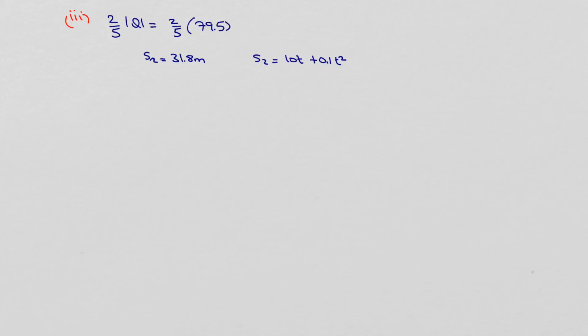So by letting 10t plus 0.1t squared equal 31.8, what we can do then is, again, rearrange that quadratic and divide across by 0.1. Again, we're going to end up with a quadratic to solve. This time, we're not going to get nice neat factors, so we will use the minus b formula.